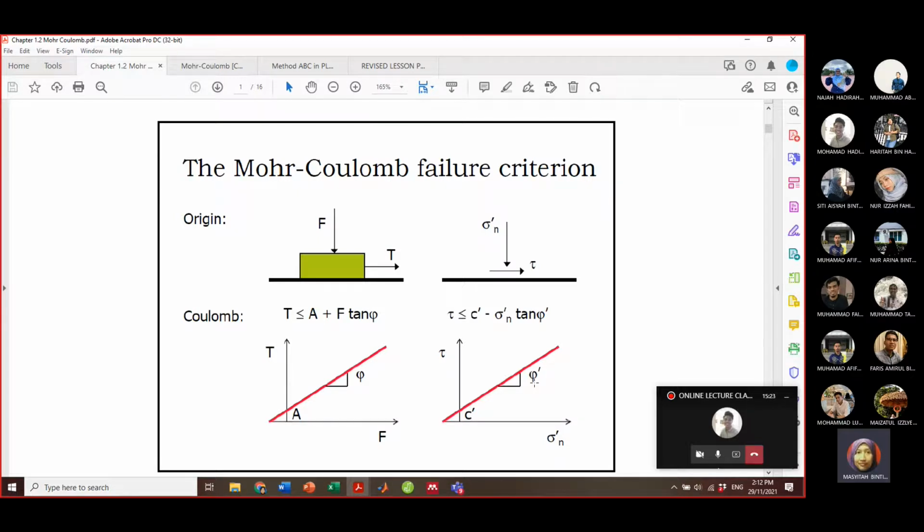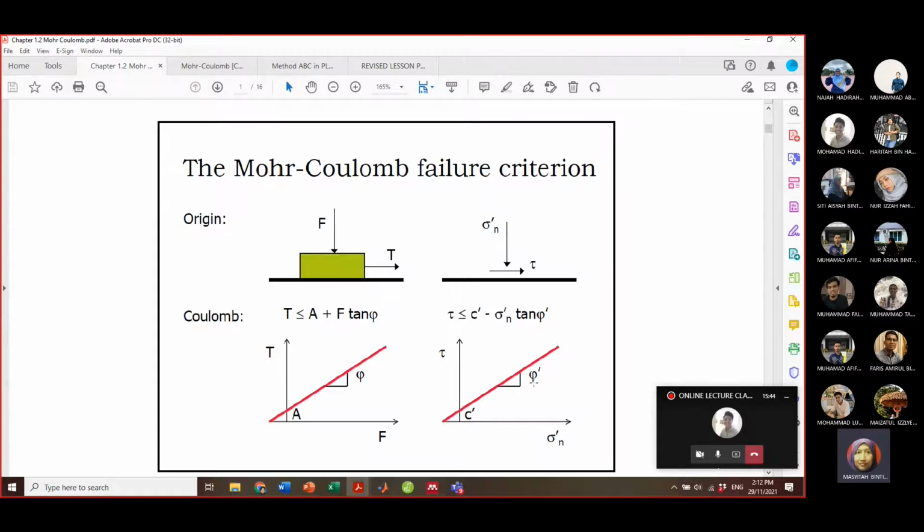That's why when you are determining the strength of the soil, you need to plot the Mohr circle, and then by substituting into the equations of the failure criterion, you may get the answer of what c is as well as what phi is, by graphical method, or you can use the equations.